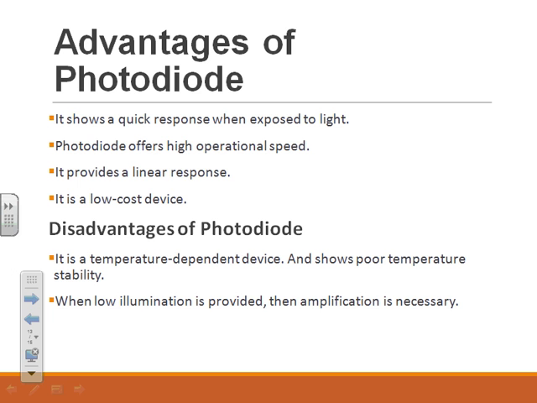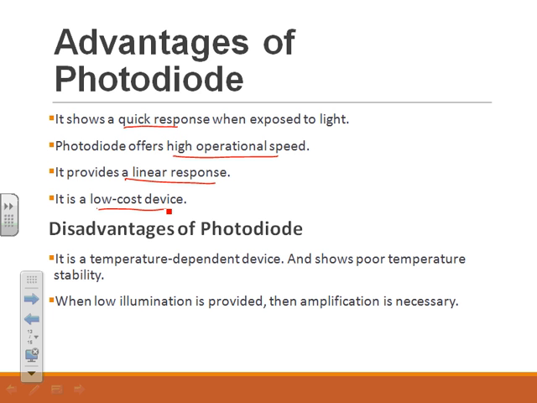Then, the advantages of photodiodes. First, it has a quick response time to light. Then it offers high operational speed. It provides linear response. It is a low cost device. So these are some advantages of the photodiode. The disadvantage is that it is a temperature dependent device and shows poor temperature stability.